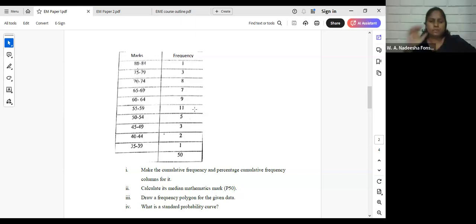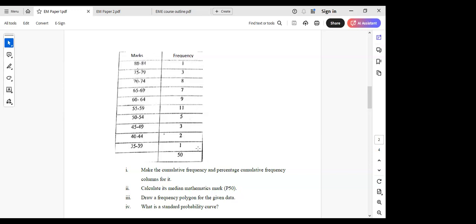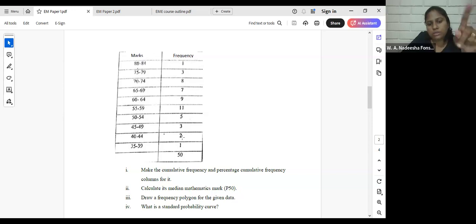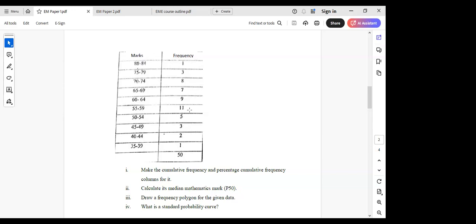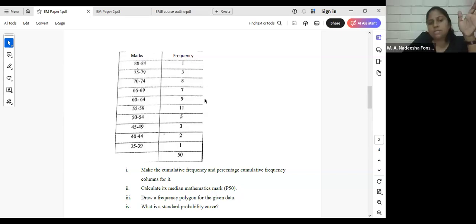Ah, yes. From the cumulative frequency, it comes 1, 3, 6, 11, 22, and 25 and 26 are within this class. Therefore, the median class is 60 to 64. Then what is the next step?